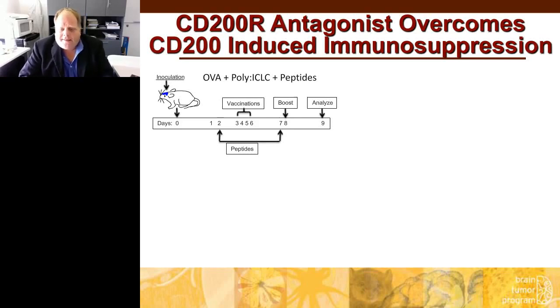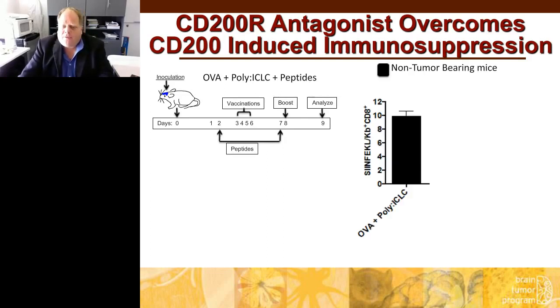So we decided to test these antagonists, and we went back and actually derived different peptides based off crystallography. But what we showed is that if we give a mouse a glioma and we vaccinated with only the peptides, that CD200 receptor antagonist on day 2, and I'll talk about why we had to go a day early with the antagonist a little bit later, but then we vaccinated with OVA plus poly-IC plus the peptides or the antagonists, we could show that in non-tumor bearing mice, we could actually, using OVA, elicit an immune response.